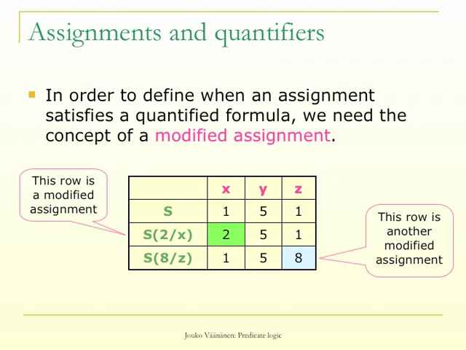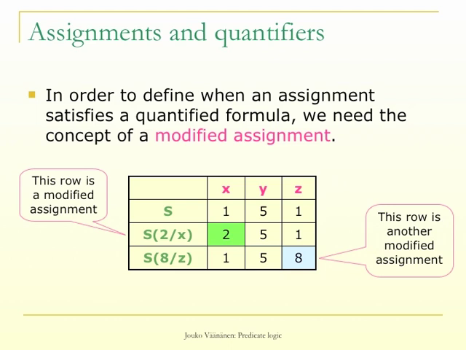On the first row we have s. s gives x value 1, y value 5 and z value 1. On the second row we have a modified assignment. s has been modified at x to 2. This is denoted s[2/x]. This modified assignment gets at x value 2, but in the other variables it gets the old value, so y gets value 5 and z gets value 1.